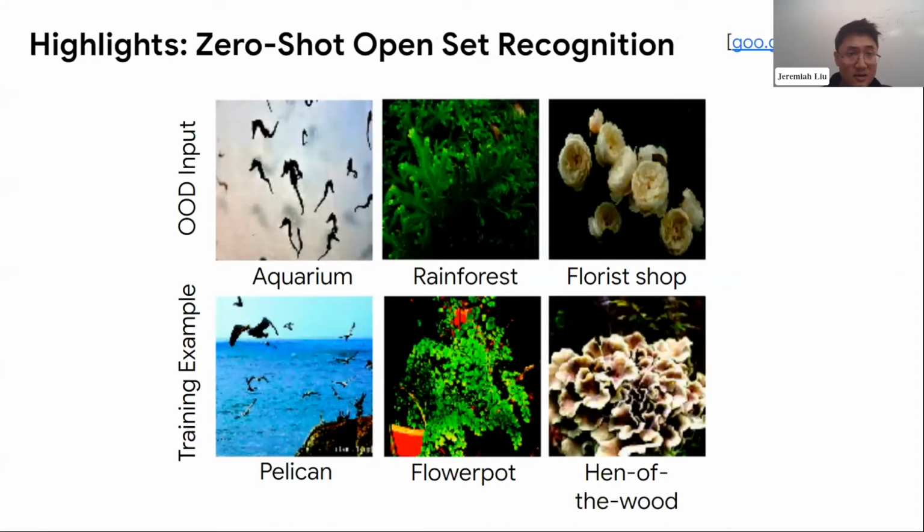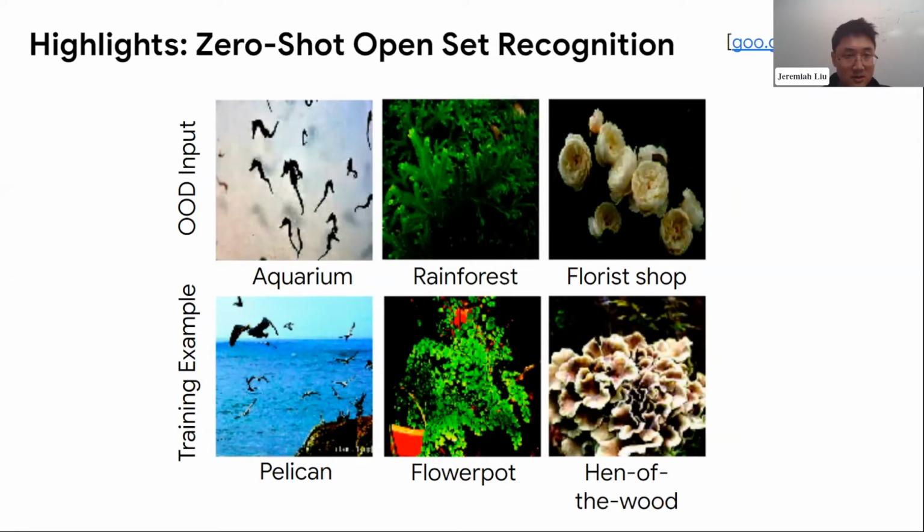Yeah, and here is another ability that we can unlock with the Plex model, which is zero-shot open set recognition. What we are highlighting here is that for very challenging out-of-distribution prediction examples, the model can still perform rather robustly.